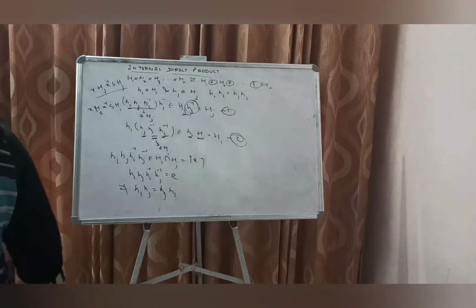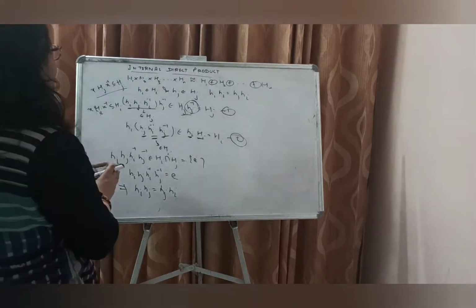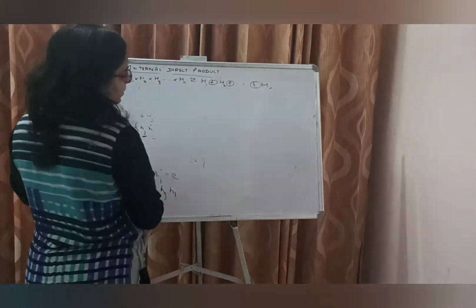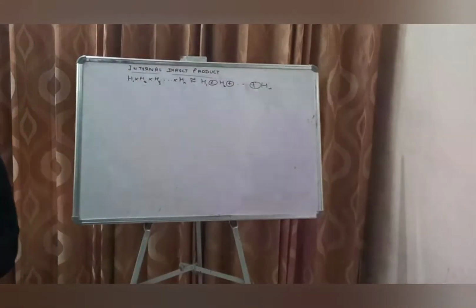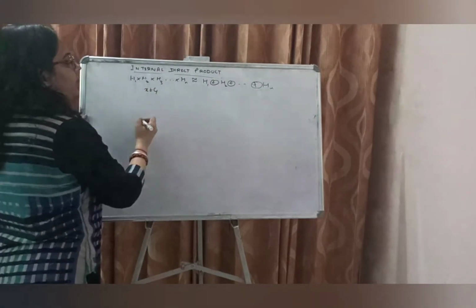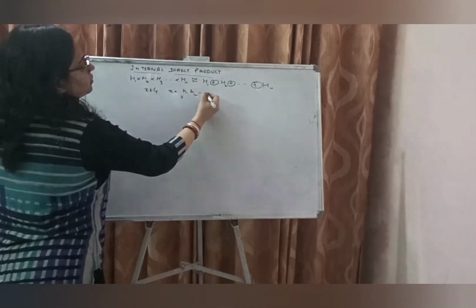So now after proving this, we also prove that any element in G can be uniquely expressed as, the representation is unique. Okay, can be uniquely expressed as this product H1 H2 so on up to Hn.